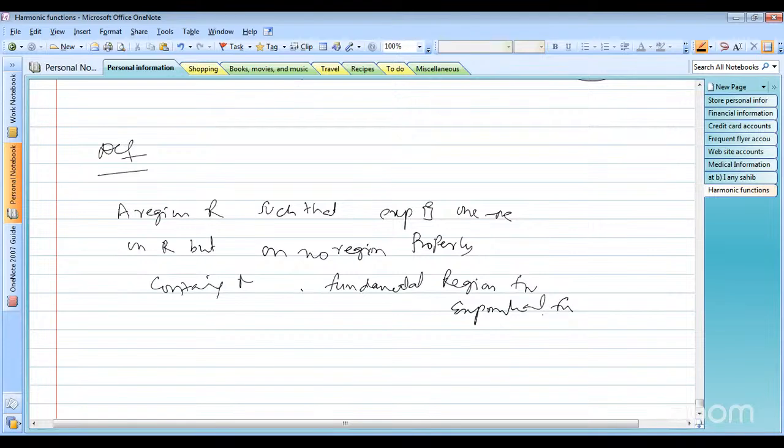So see here, R is such that the exponential is 1 to 1, but I have no region properly containing R. Fundamental region of our exponential function we are taking R.